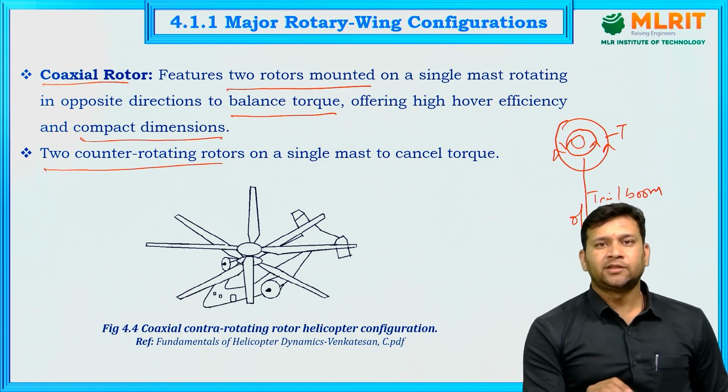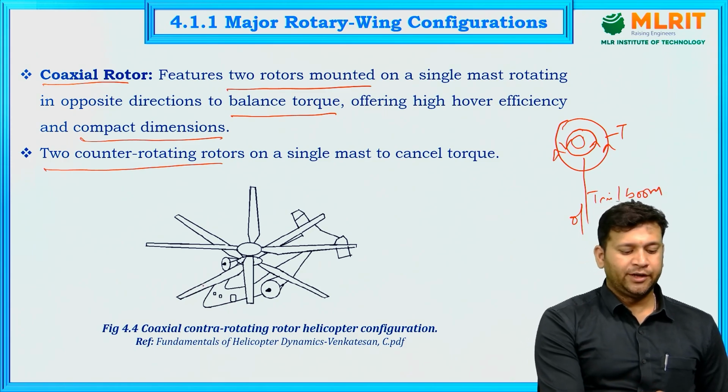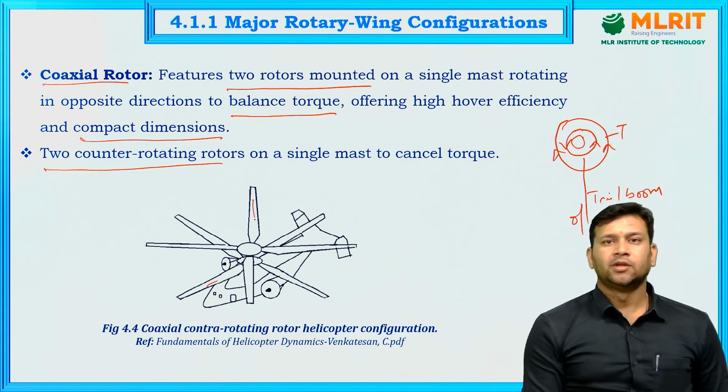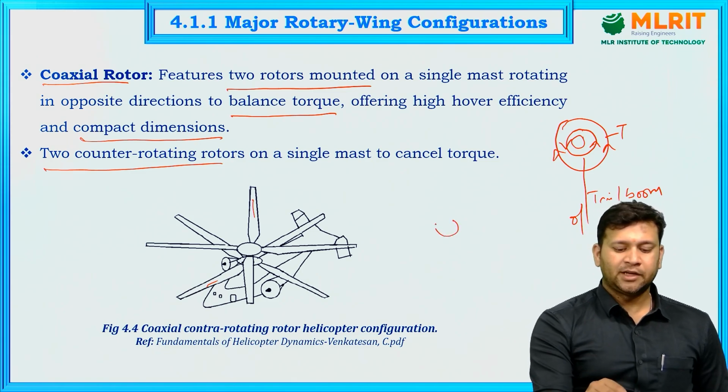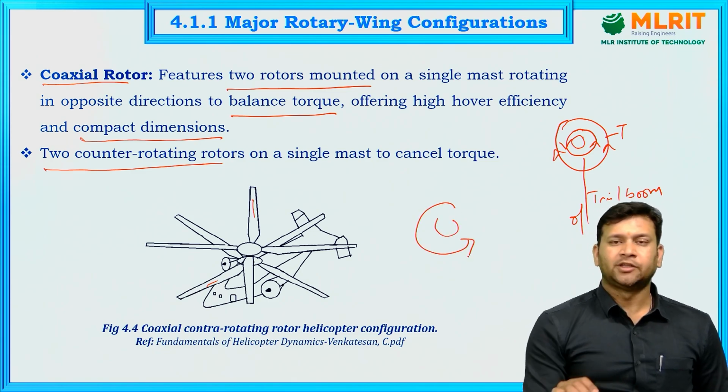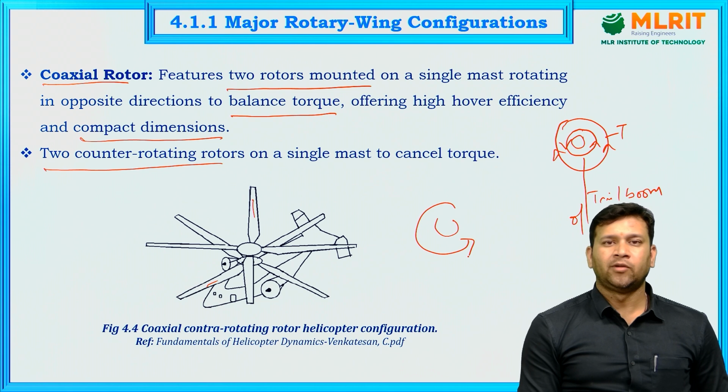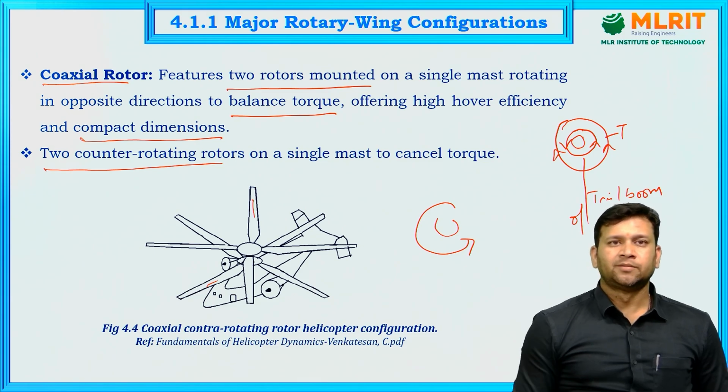But in this case, we have a rotor here and a rotor here, on the same vertical column. There are two rotors. One will be moving in the clockwise direction and the other in the counterclockwise direction, and thus the torque is balanced and it will not destabilize.